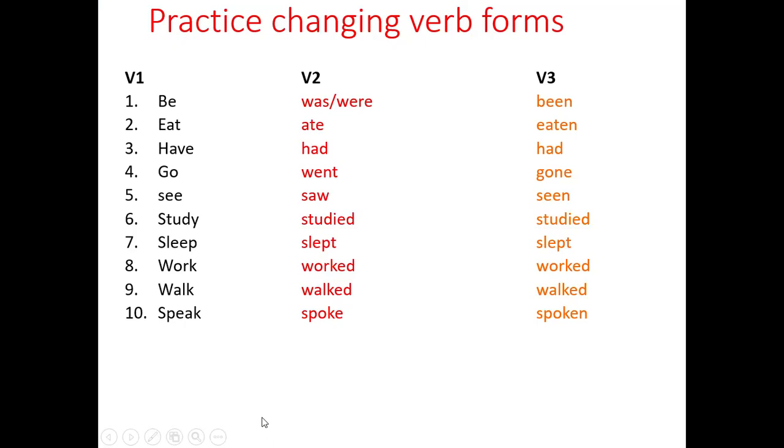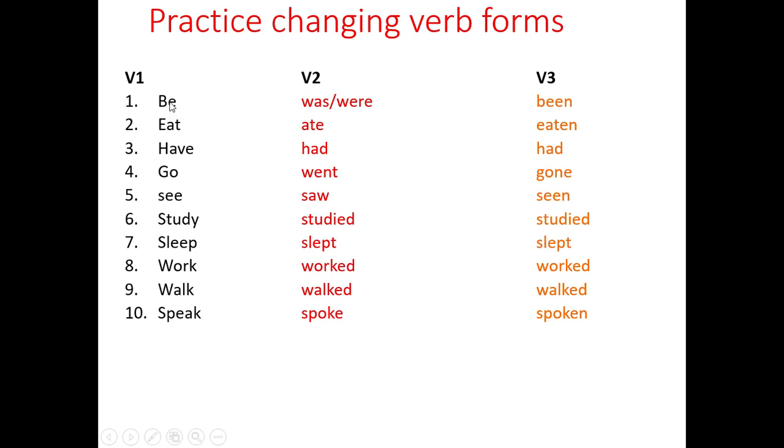Now let's practice changing verb forms. Here are the verbs that we are going to practice changing, and the first column is verb 1, or the base form, this group is verb 2, or the past tense, and the last one is verb 3, or the past participle.